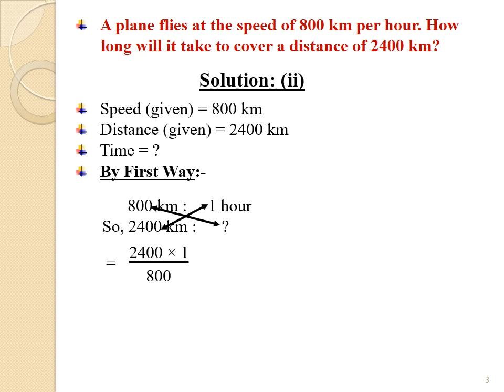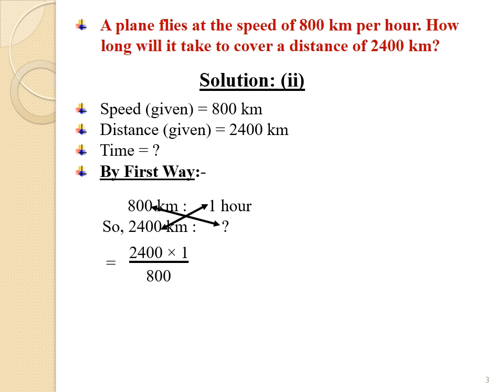Students, now we have to multiply 2400 by 1 and keep the denominator 800 as it is. We know that when we multiply any number by 1, we get the number itself, that is the same number.